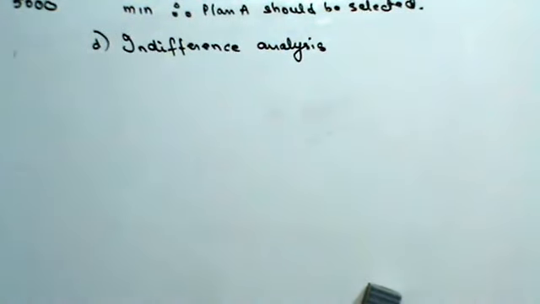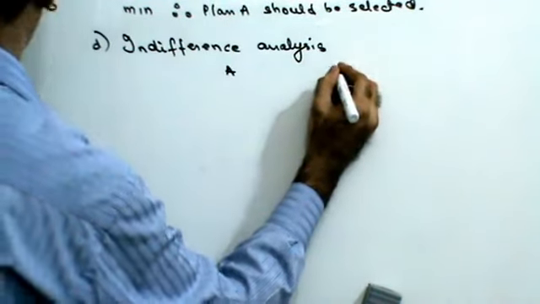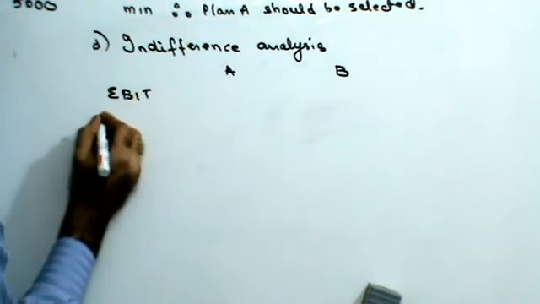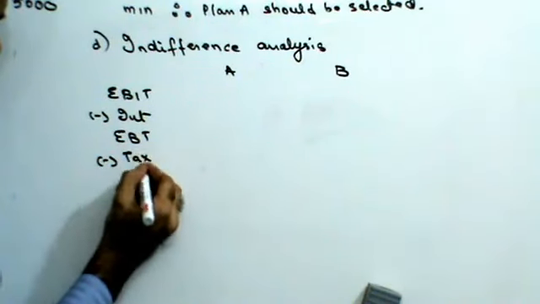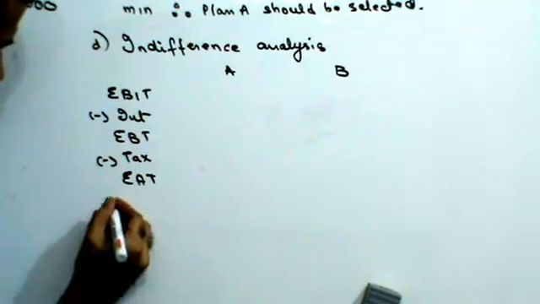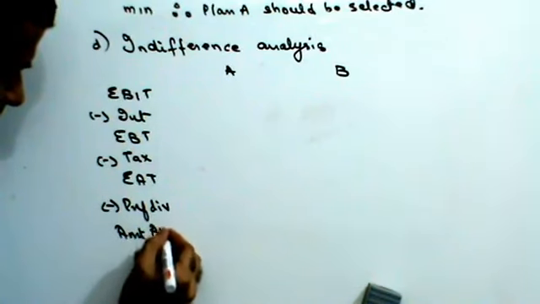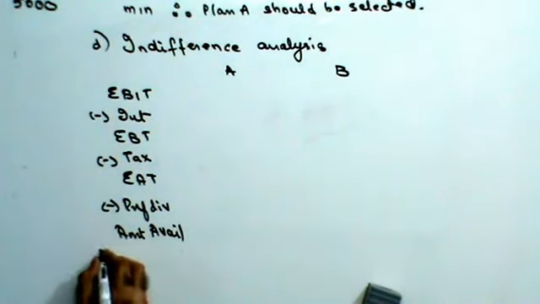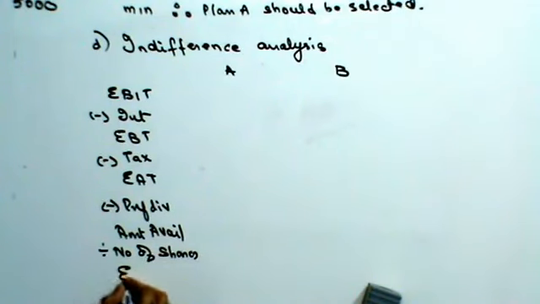Since as per EPS plan B was selected and as per break-even point plan A was selected, I am going to do an indifference between plan A and plan B. Let's see, EBIT less interest gives you EBT, less tax gives you EAT, less preference dividend gives you amount available, divided by number of shares gives you EPS.